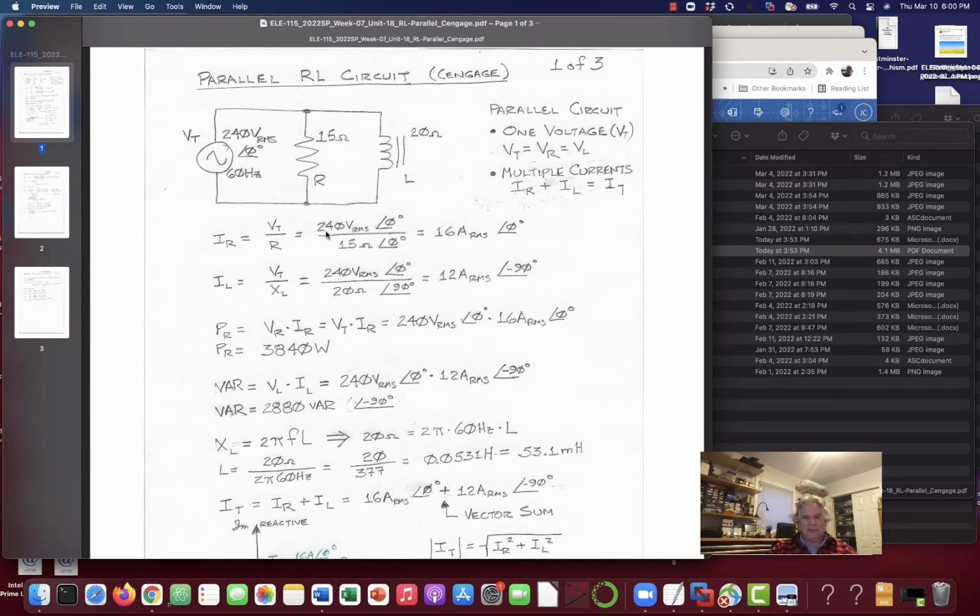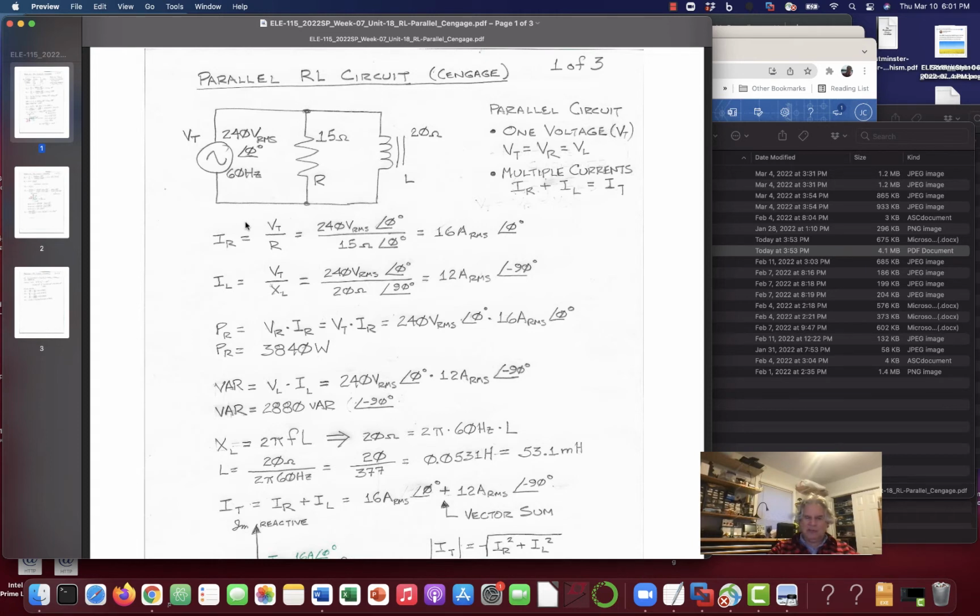So V total is 240 volts at 0 degrees, and the resistor is 15 ohms at 0 degrees. So the current through that, doing the division, is 16 amps RMS. And I should say, when people specify something as 240 volts AC, if they don't say anything else, they really must be referring to RMS.